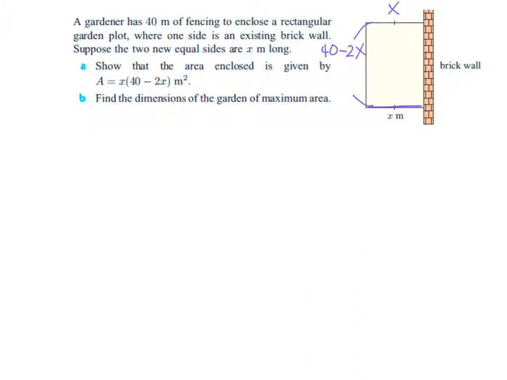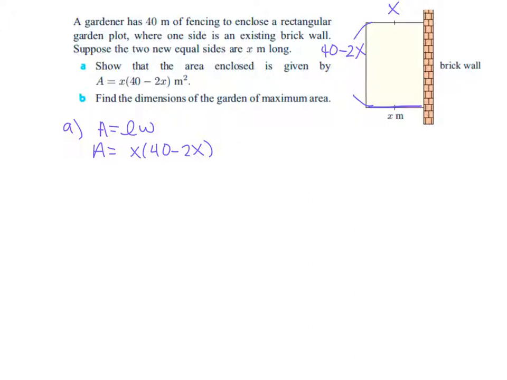Area of the rectangle is equal to length times width. So length times width, here is the area of the garden plot. For the second question, find the dimensions of the garden of maximum area.